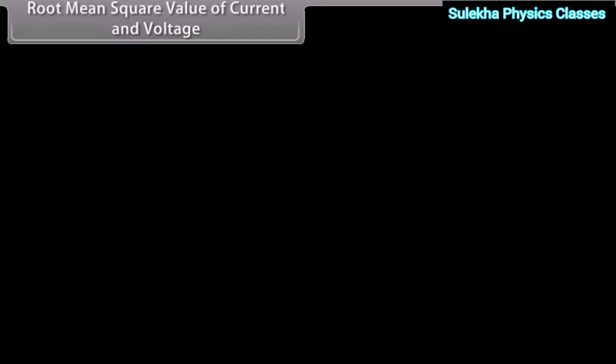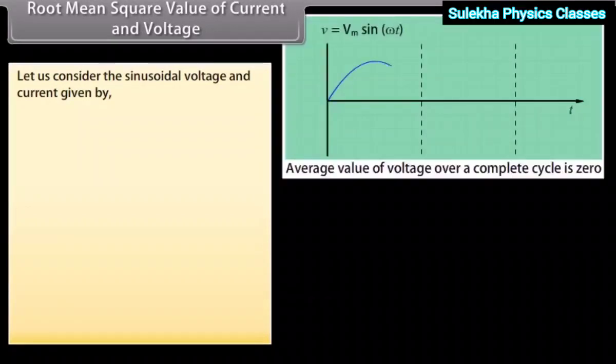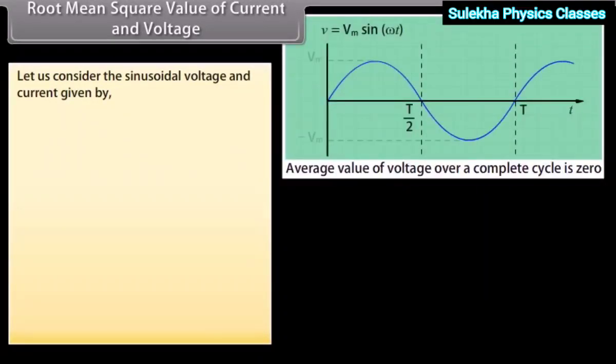Root mean square value of current and voltage. Let us consider the sinusoidal voltage and current given by V equals Vm sin omega t and I equals Im sin omega t.